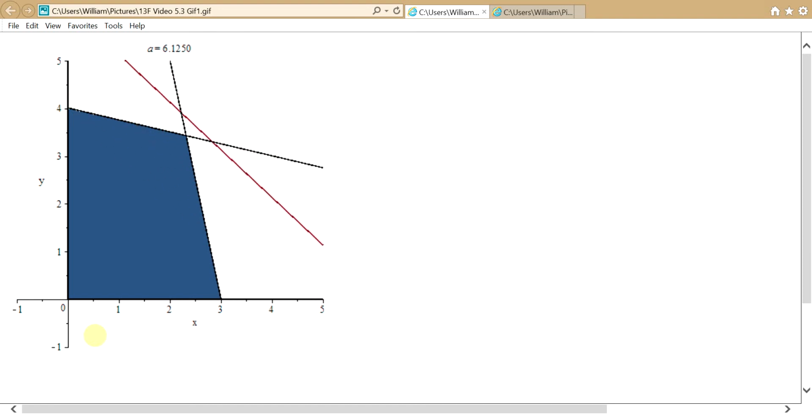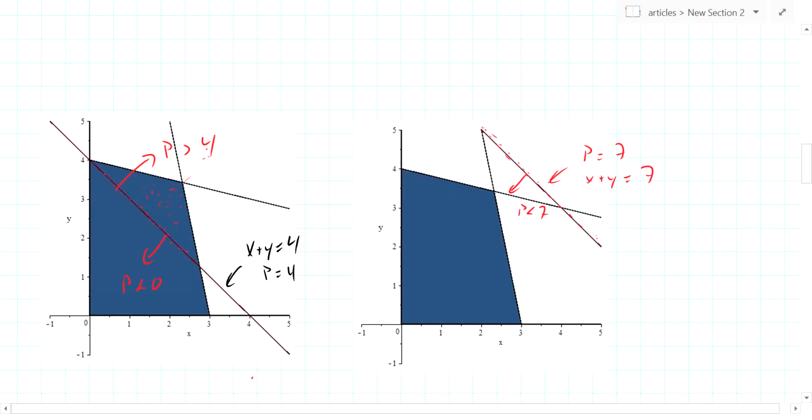Look at this GIF. Right here, this is the last possible place that the line touches in the feasibility region before it leaves the feasibility region. That's where my maximum would be. So, lines of increasing profit are all parallel. We get a maximum profit right there.